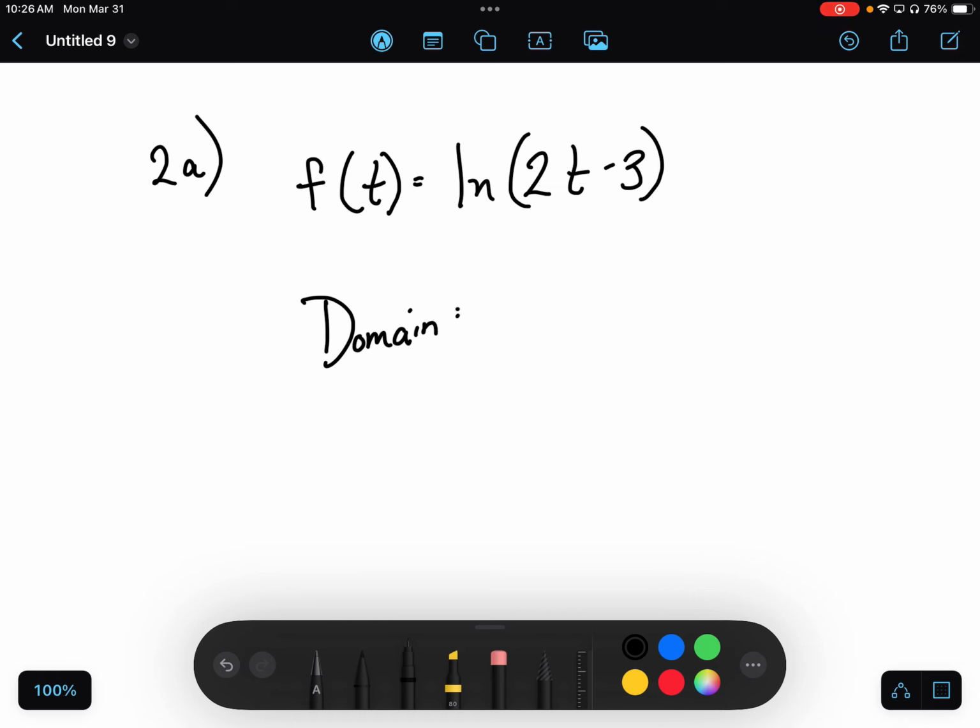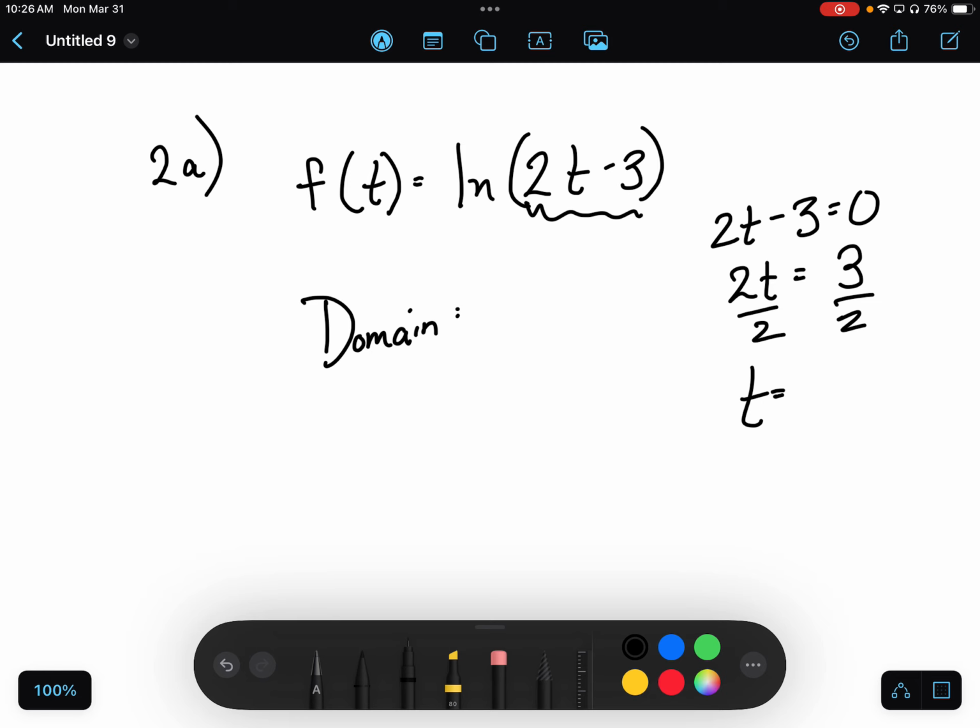The key is that you can't take the natural log or log of 0. It's not real. In the original graph, that's the asymptote, where it gets stopped. So what you do is put this part equal to 0 and solve it. So add 3 and divide by 2. I get t equals 3 halves, or 1.5.